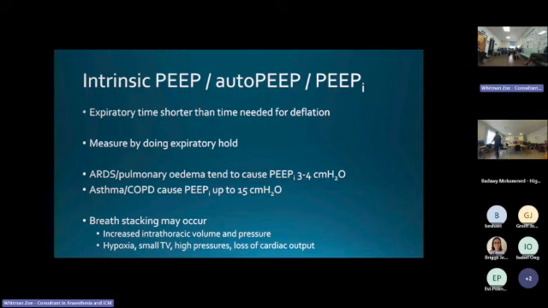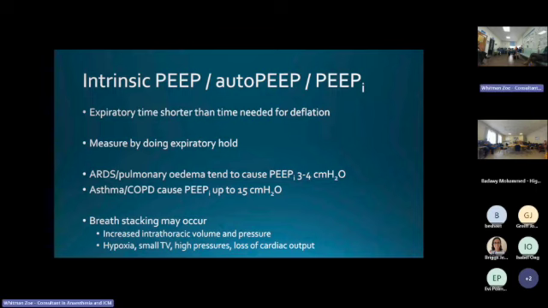It will come up with a number for you by doing a hold and seeing what pressure you get to. When they have really rubbishy lungs because of ARDS or fluid or whatever, then they do tend to generate a bit more intrinsic PEEP anyway.